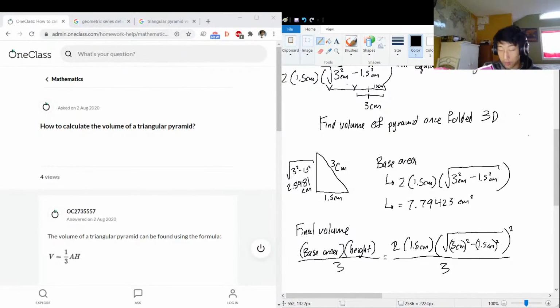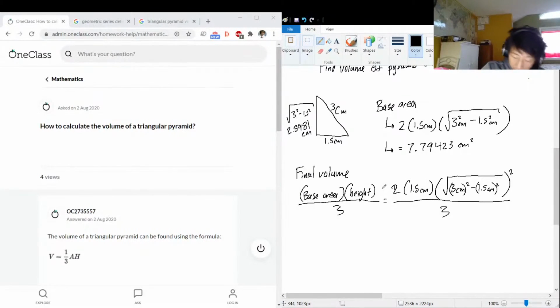So let's calculate that. Volume is equal to 6.75 centimeters cubed.